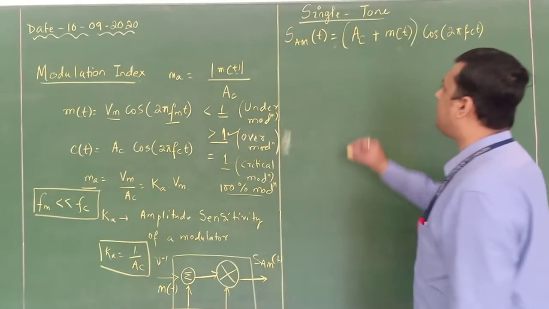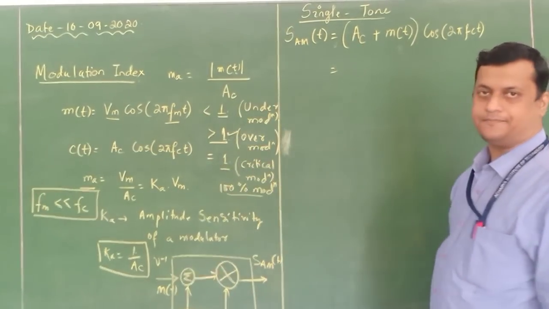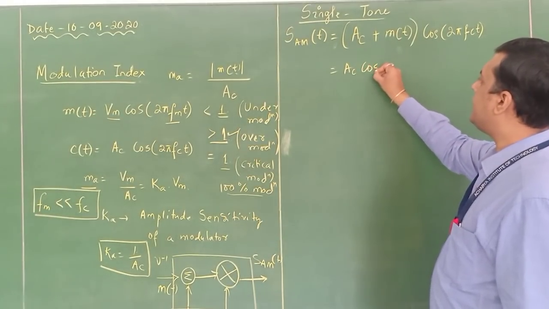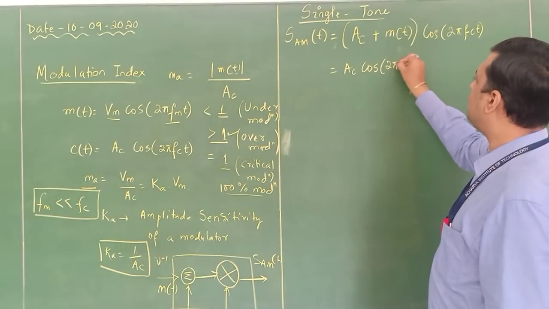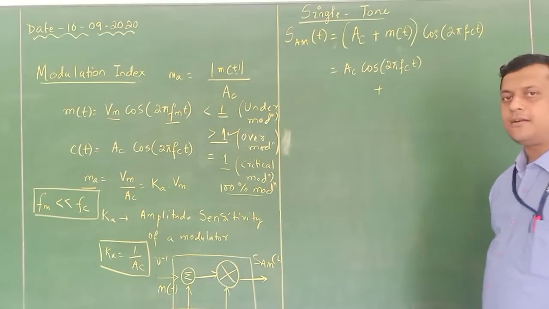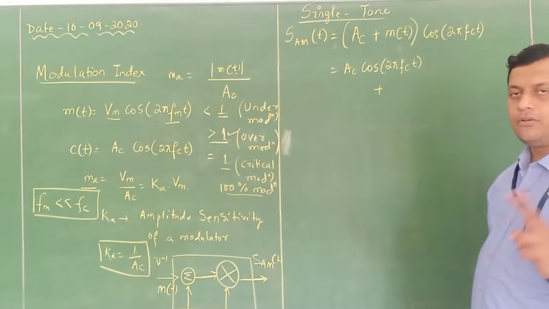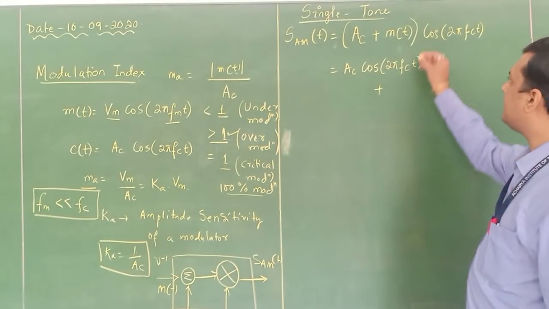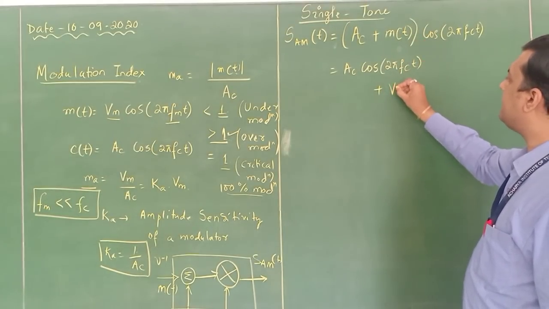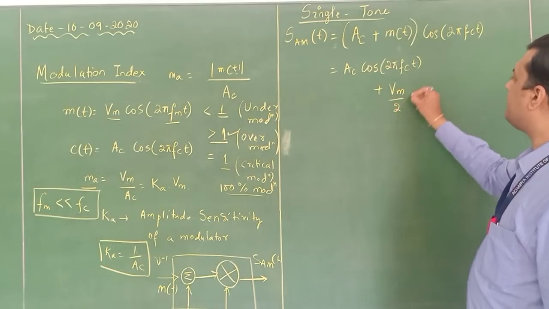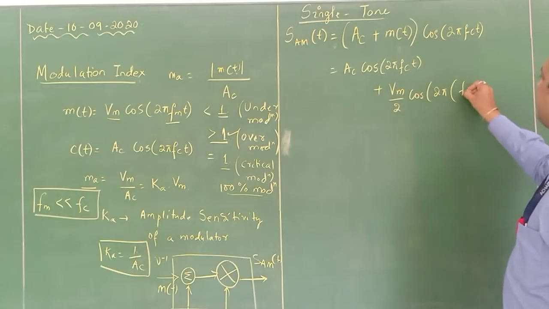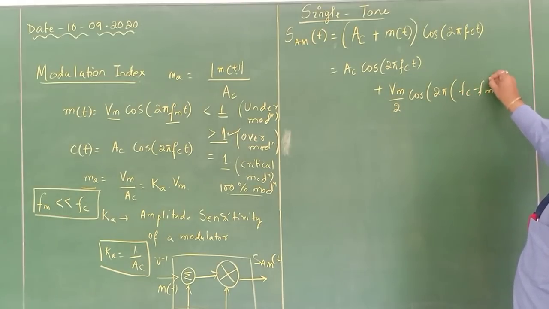Okay. Now if I am going to expand this, I will get Ac cos 2 pi fc t plus there are two sidebands available. One is the lower sideband, one is the upper sideband. So if I expand this, I will get Vm by 2 cos of 2 pi (fc minus fm) t.